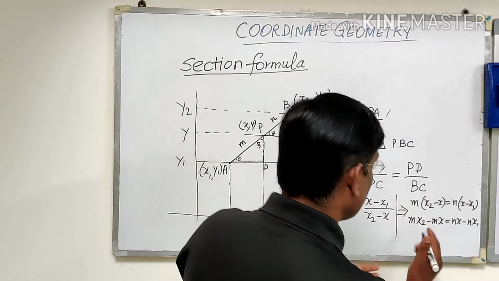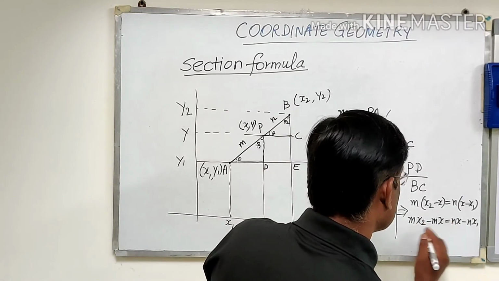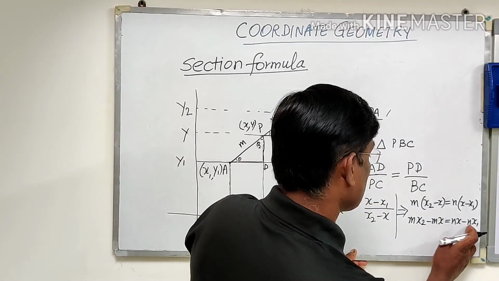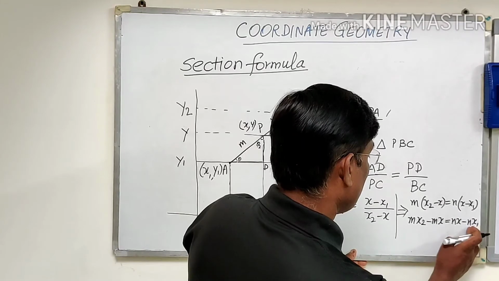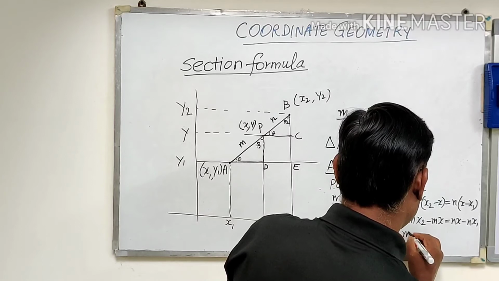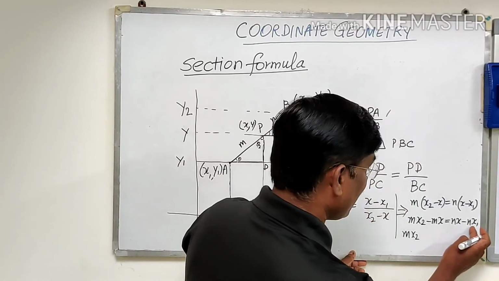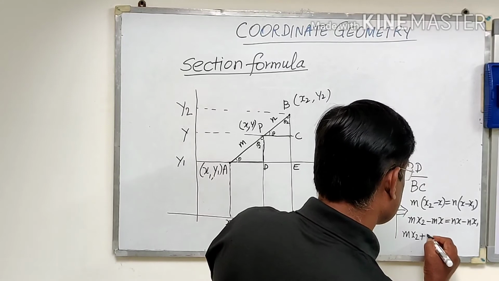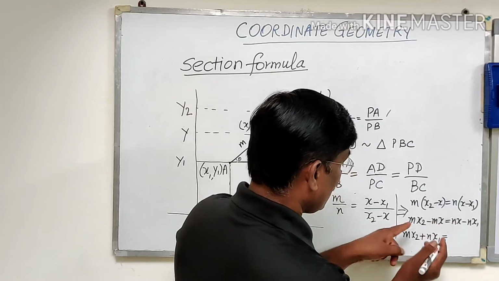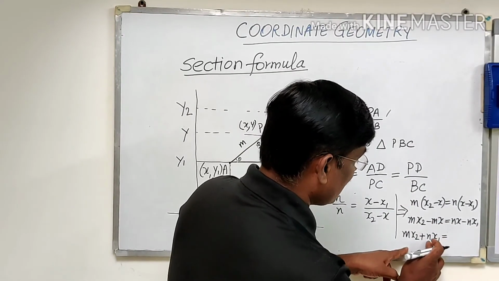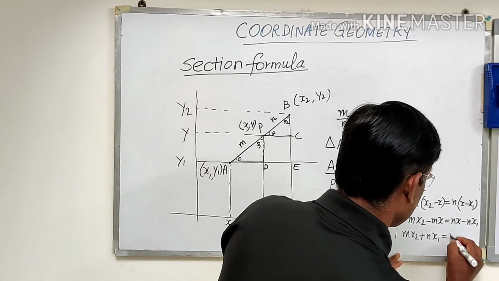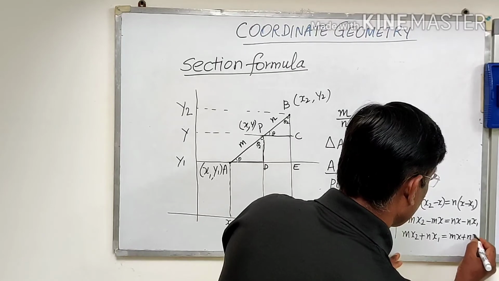So now you arrange x. If you bring x1, you take mx that side. So what happened? m x2, you bring n x1 this side, plus n x1 is equal to, okay, this has become the left hand side. Now take this to the right hand side, n x plus m x.